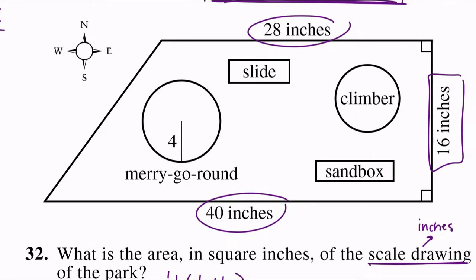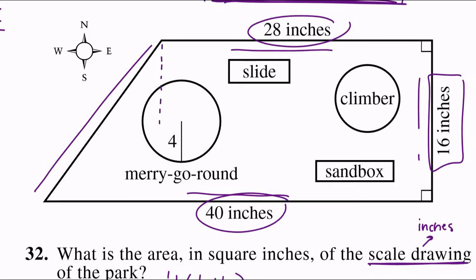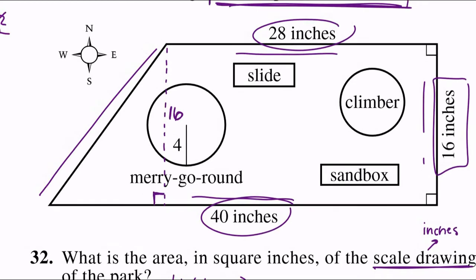So we know this side is 28 inches. We know this side is 16. This side is 40. But how can we find the side length of this side? Clearly it's not 16 because that would be our length if we were to just go straight down. But we can use that 16 to help us find our hypotenuse of this triangle if we were to turn this into a right triangle.